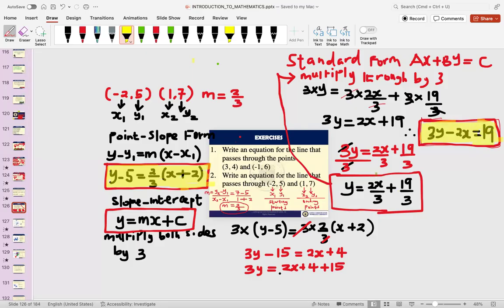It's the same equation you are seeing here also as y is equal to 2x over 3 plus 19 over 3. They are the same, but they have been written in different forms.